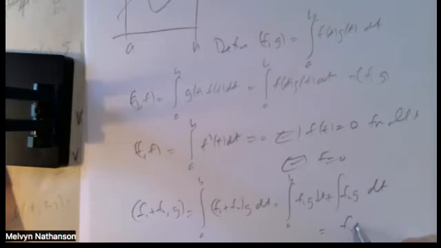So this is f1g plus f2g. So this is another example of an inner product.